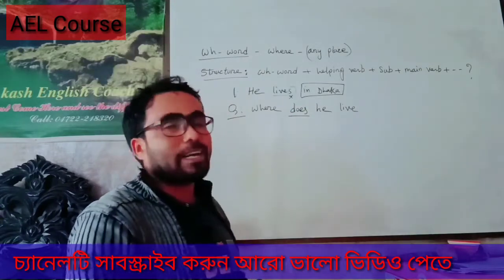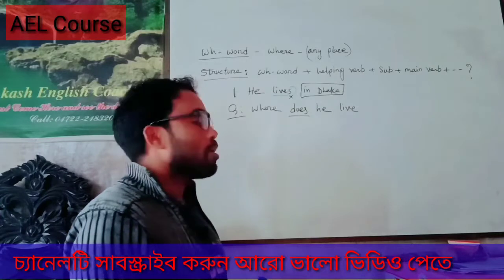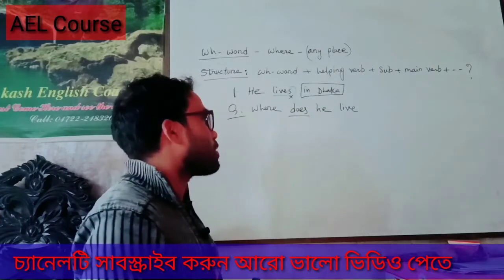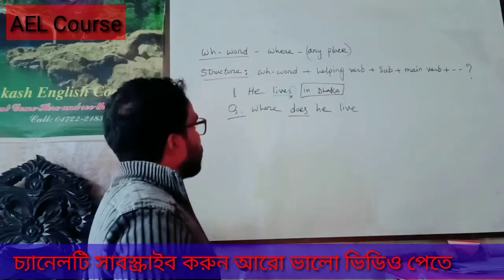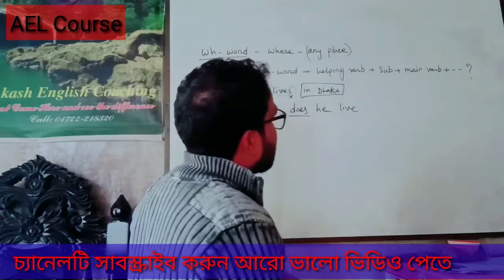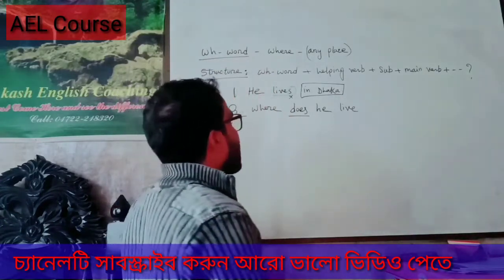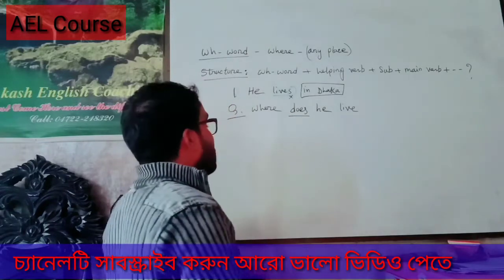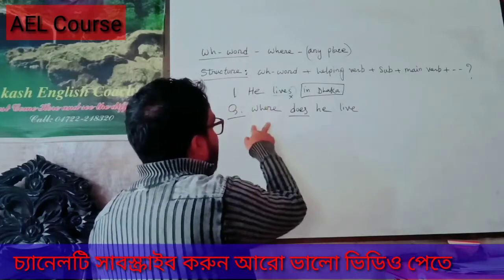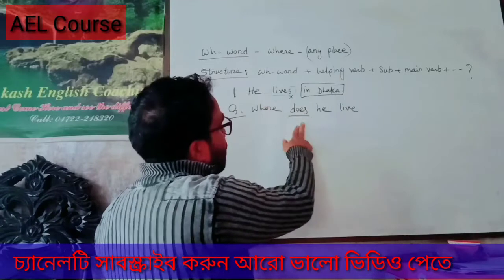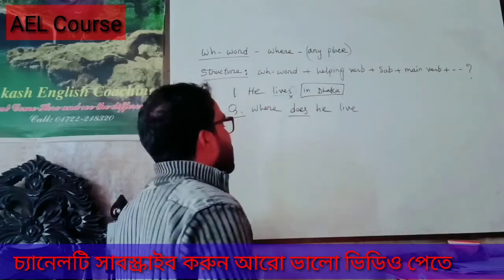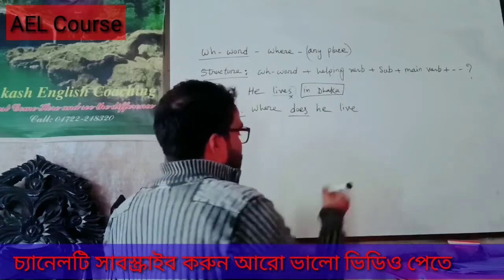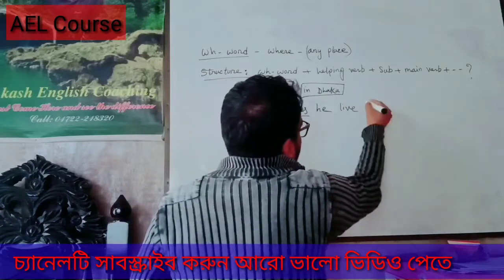After do, did, does, we have to use the base form of the verb. So when you make any interrogative sentence by using a WH word, you have to use first the WH word, then the helping verb, then the subject and the main verb in its base form, and at last the sign of interrogative.